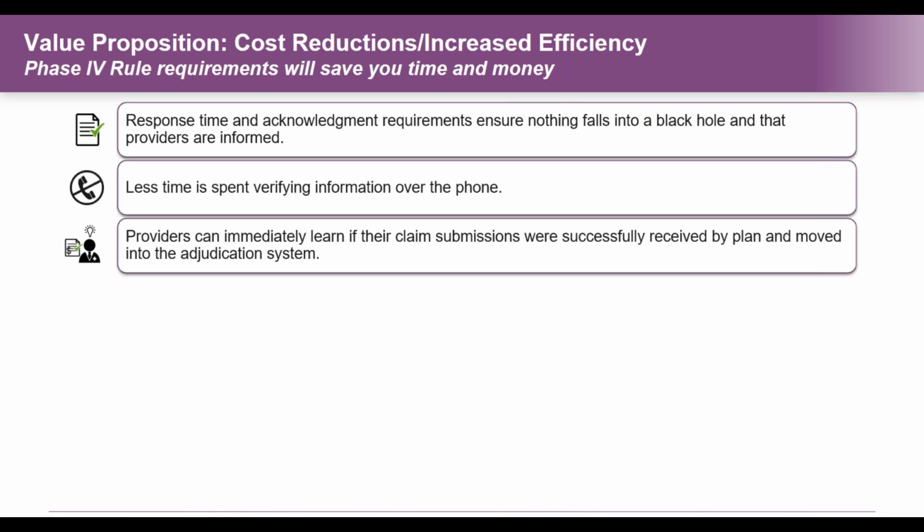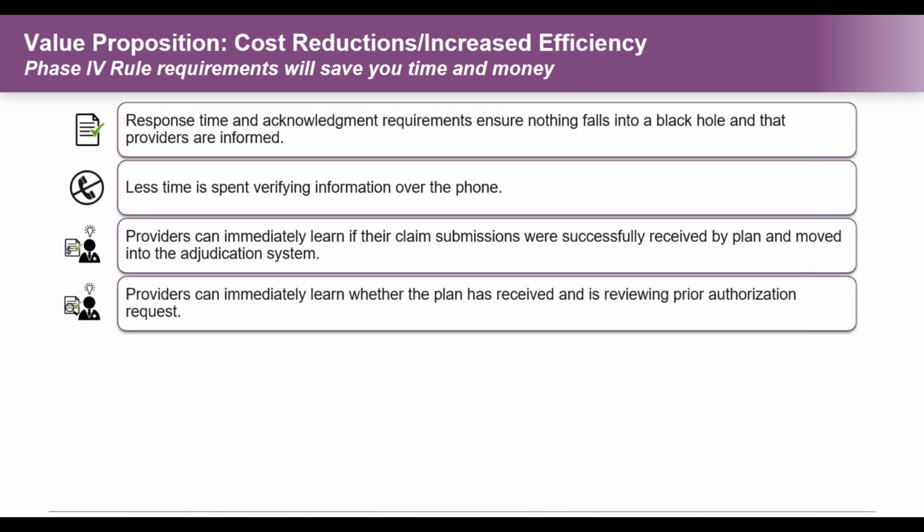More importantly, providers can immediately learn if their claim submissions have moved successfully into the adjudication system, because the requirements for the 837 do require the 277 claim acknowledgement transaction. So a big step forward for providers. Providers can immediately learn whether the plan has received and reviewed the prior authorization as well.